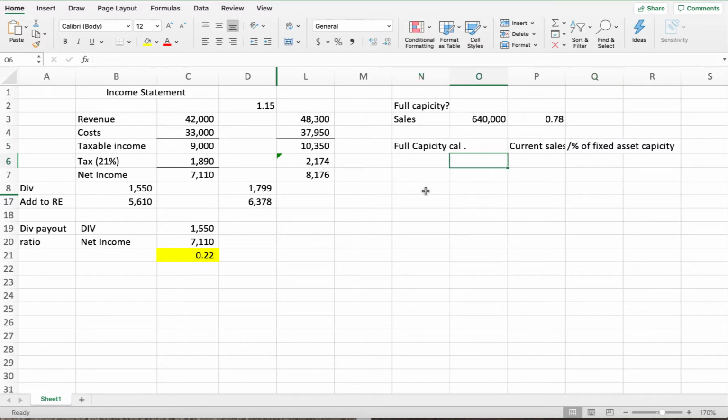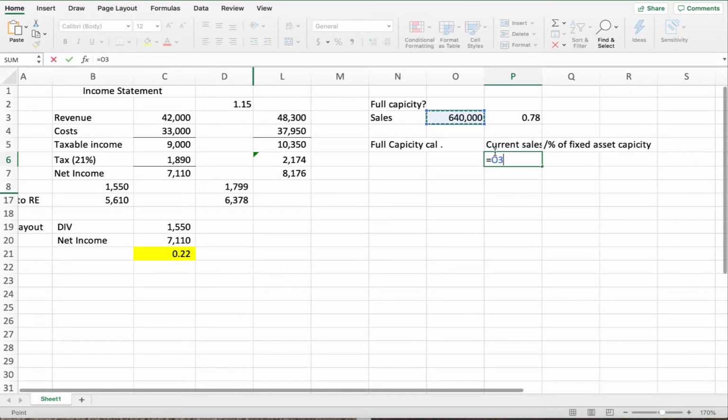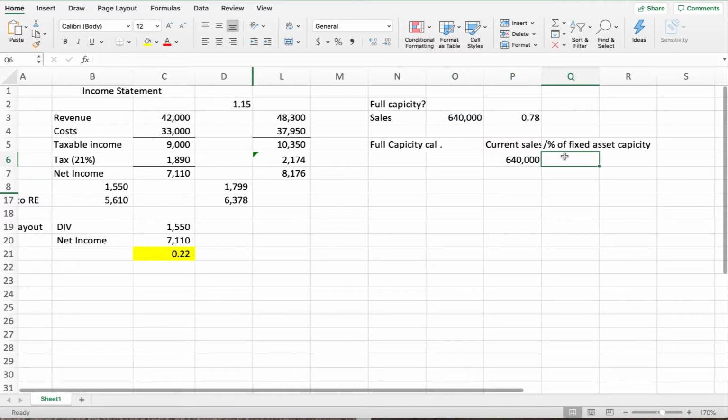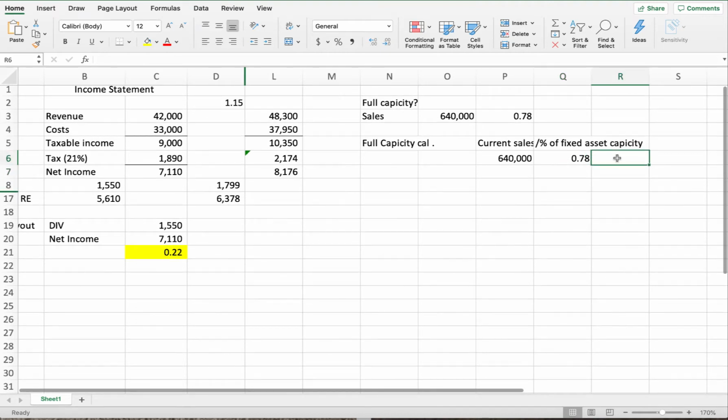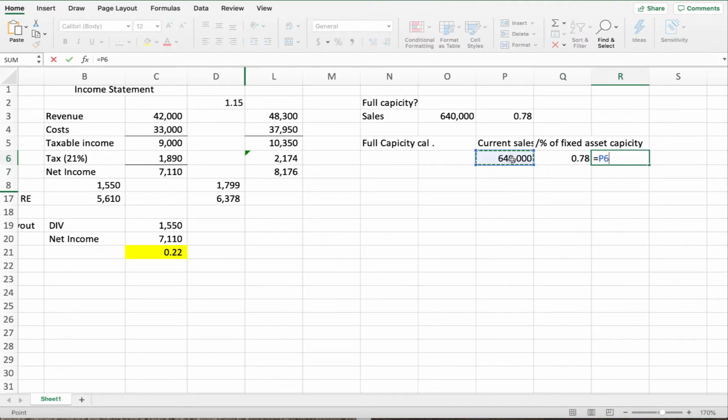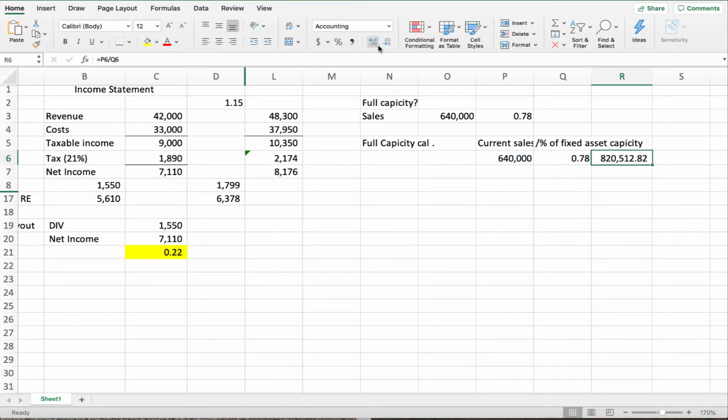We already know what our current sales are, and we already know what our fixed asset capacity is. We divide the two. Let me get rid of my decimal places.